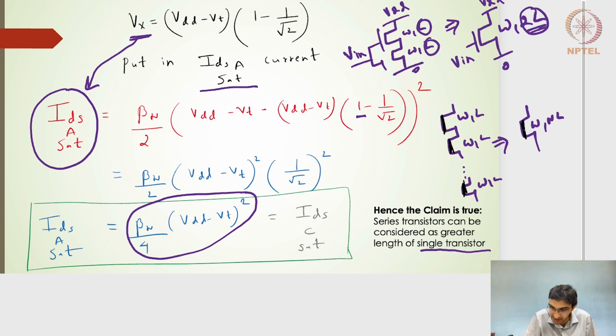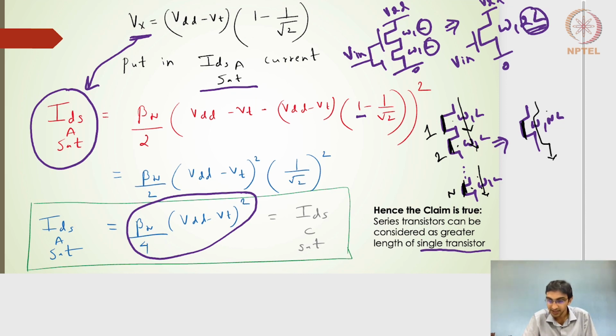I'm talking about the channel of this. So the current has to pass through this particular channel. Here the current has to pass through channel 1, channel 2, channel N. So this is the current that has to see the same resistance, which is N times. For N transistors which are stacked together, or in series, the current has to see a resistance of N times the single transistor channel resistance.